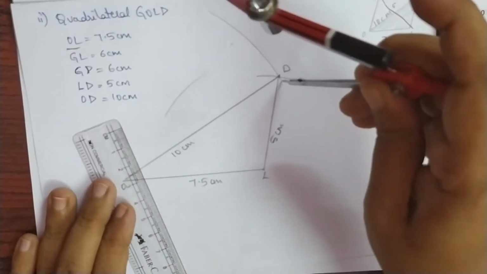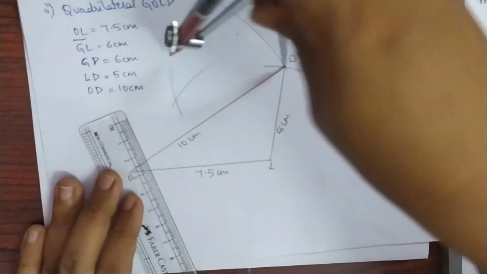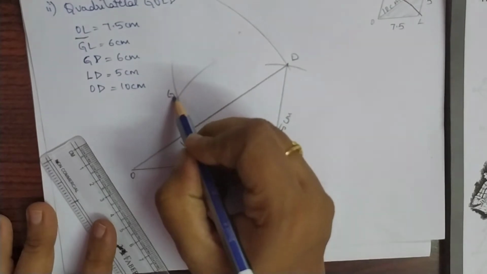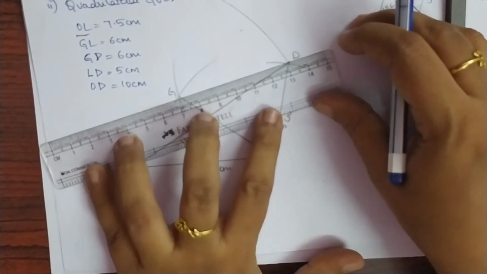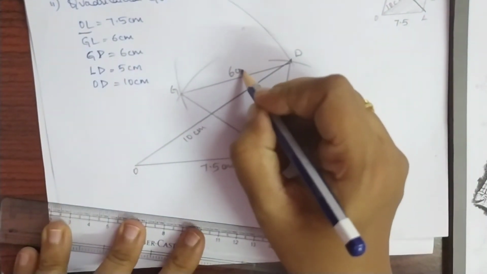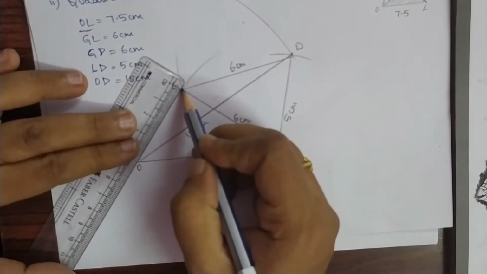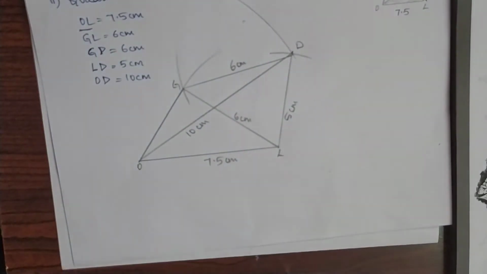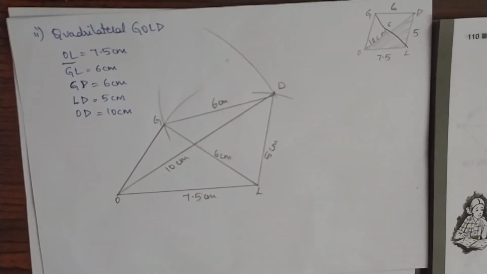So let me cut it here. Yes, this is the point G. It is 6 centimeters and 6 centimeters. I am going to join OG. This is my quadrilateral GOLD. I hope you have understood.